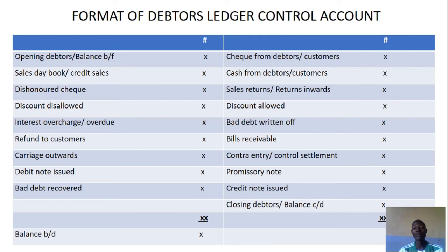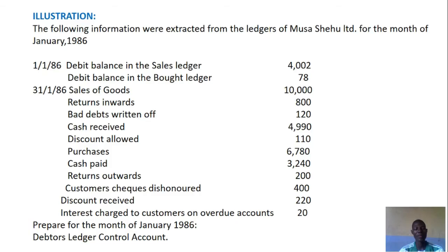Then we take this illustration. We have the following items as regards the ledger of Musa Shehu Limited for the month of January 1986. Now let's make progress. The first thing you will do is to put the name of the business, Musa Shehu Limited.